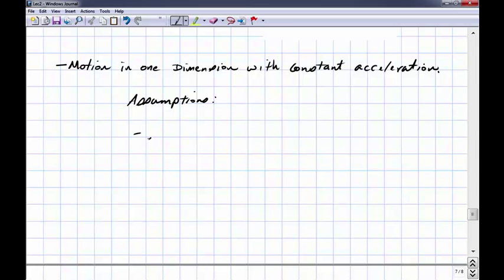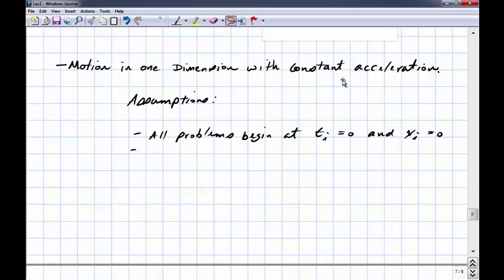First of all, our problems will begin at a time of 0 and a position of 0. Also, as noted in our heading, the acceleration will remain constant.